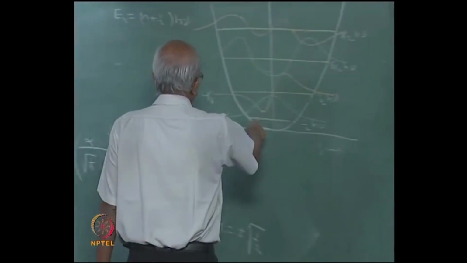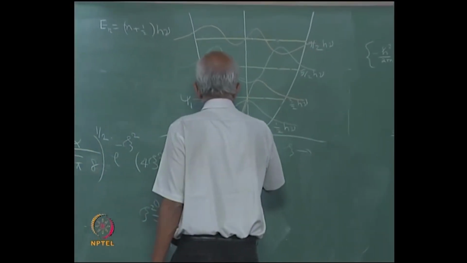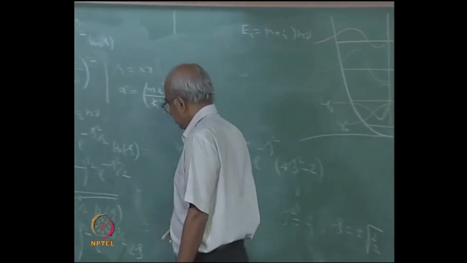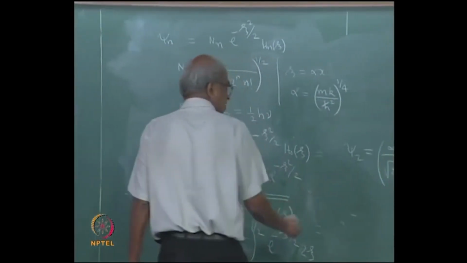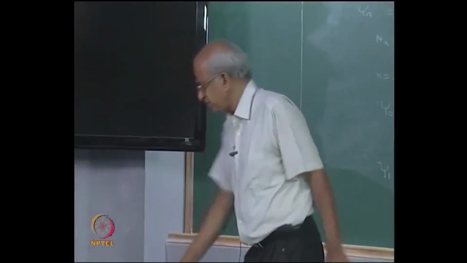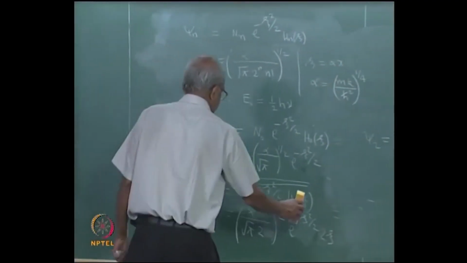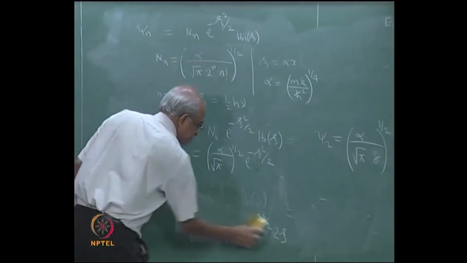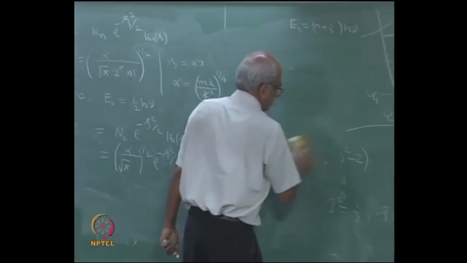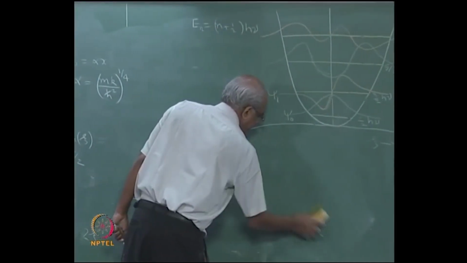Let us again go back to the ground state, this one. What is the wave function? I will think only of the ground state now. This is the wave function, and as I have told you, it is a symmetric function in x.